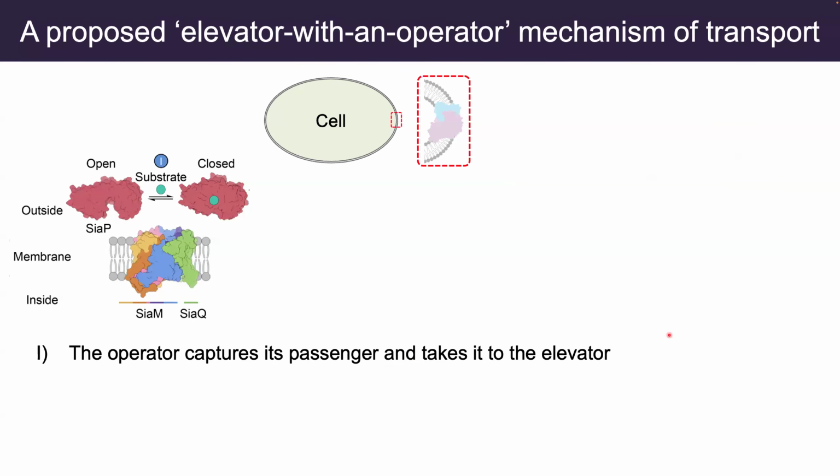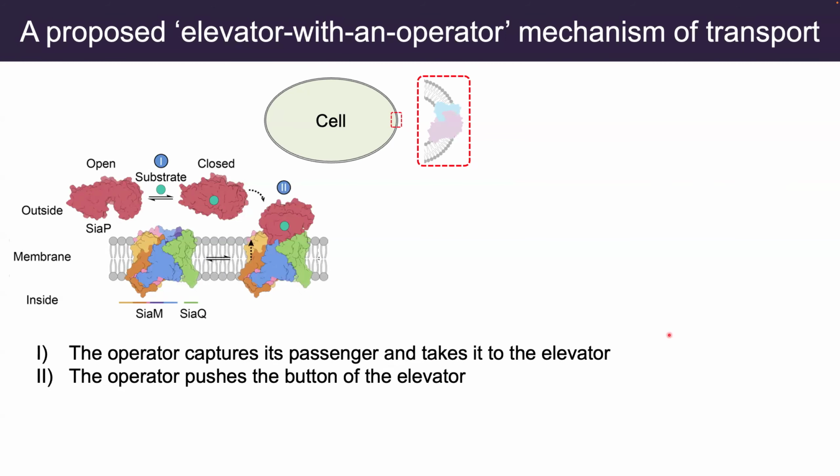All right, so let's wrap up. I started off talking about how transporters work, and we're focused on the TRAP transporters. And so what we think happens, to use an analogy of an operator and an elevator, is that the operator, in this case SiaP, binds the passenger, in this case sialic acid, and takes it to the elevator. The operator pushes the button for the elevator to move into position.